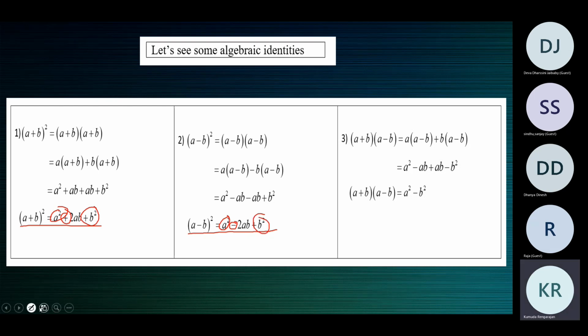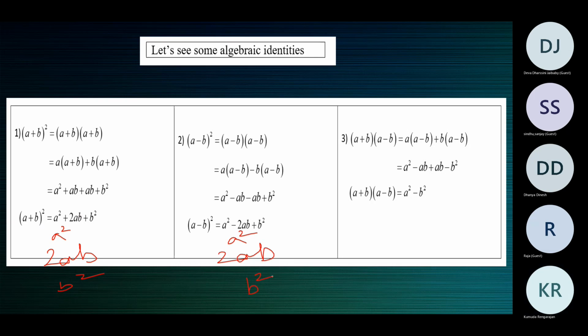When you write out the different terms, now here there is A square, there is 2AB, and there is B square. Here also there is A square, there is 2AB, and there is B square. Now here, what is the sign for A square here? Plus or minus?